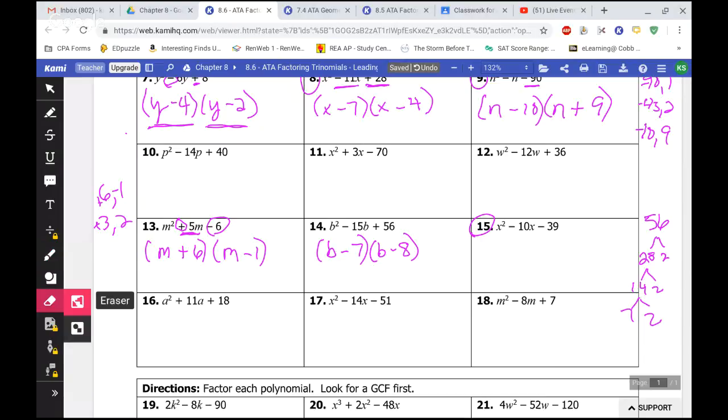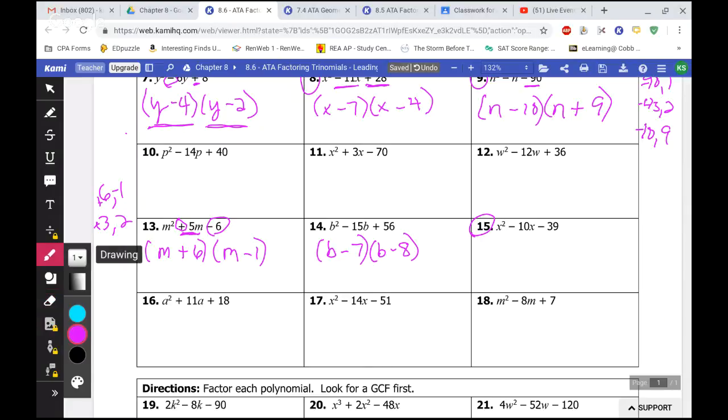All right, now number 15. I'm looking for factors that multiply together to give me a -39 that when I combine them, give me a negative 10. So that tells me one's going to be positive and one's going to be negative. So I'm thinking of all the factors of 39. Once again, if you don't know what those factors are, you could always do a factor tree.